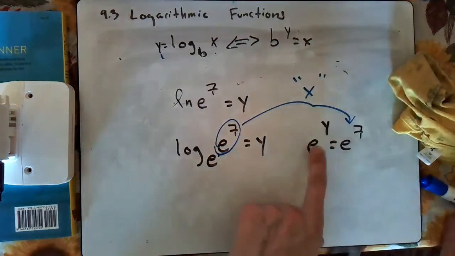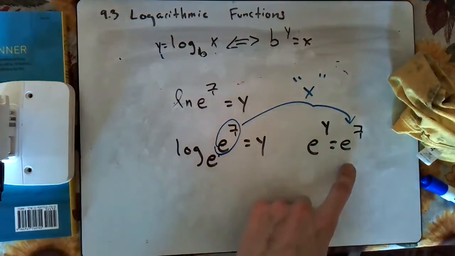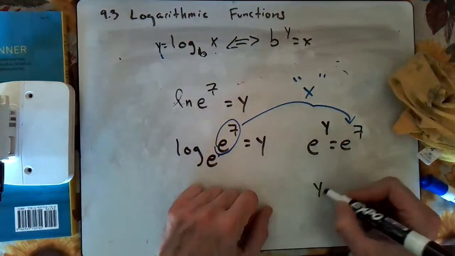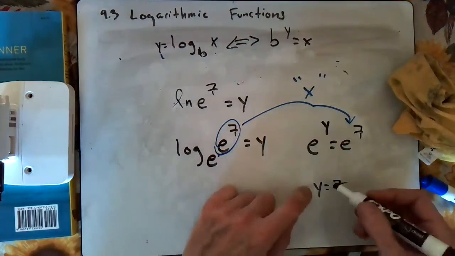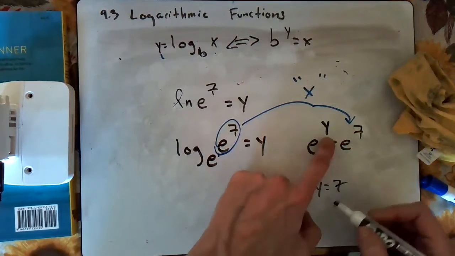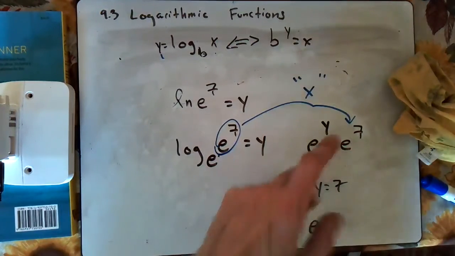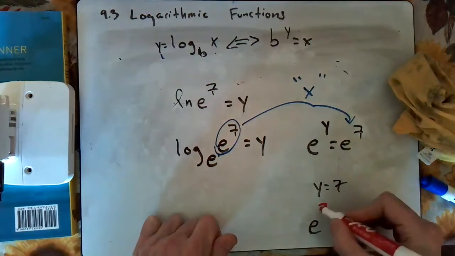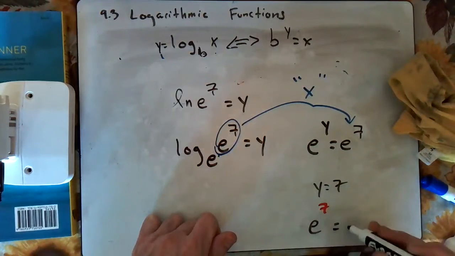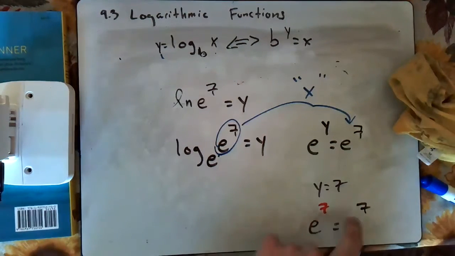So now we need to figure out e raised to what power gives me e to the 7th. It's just 7, right? I know it looks goofy, but that would make it a true statement, right? If I plug 7 into here, I get e to the 7 equals e to the 7, right?